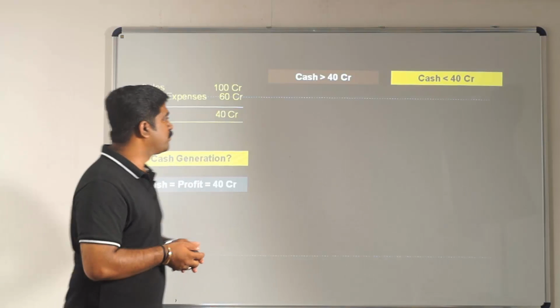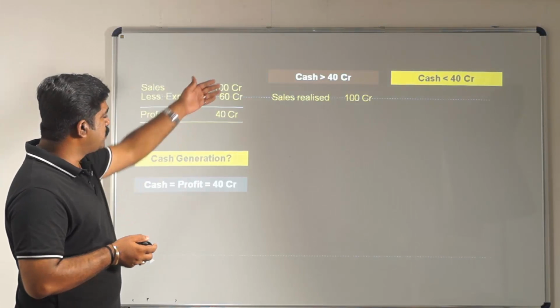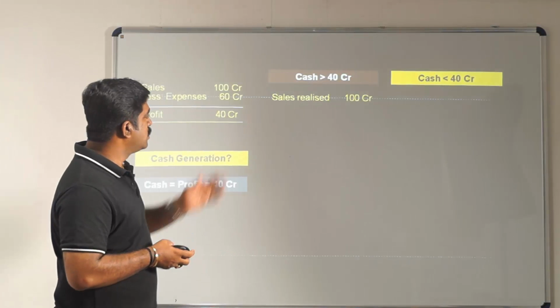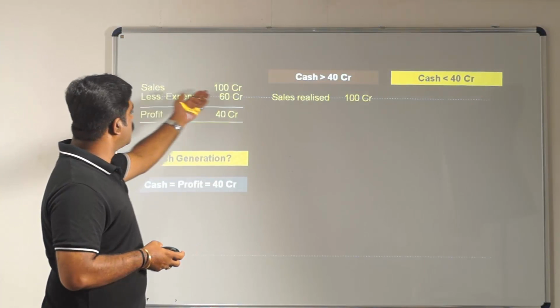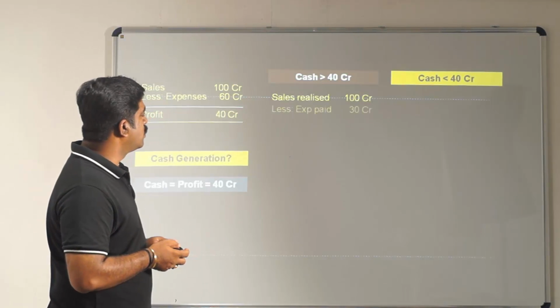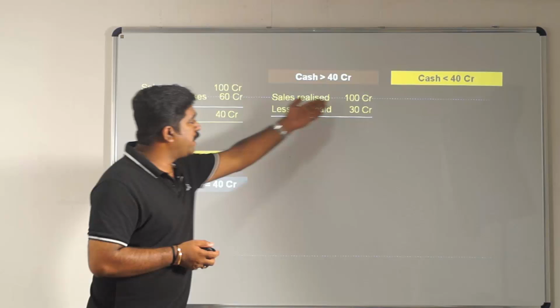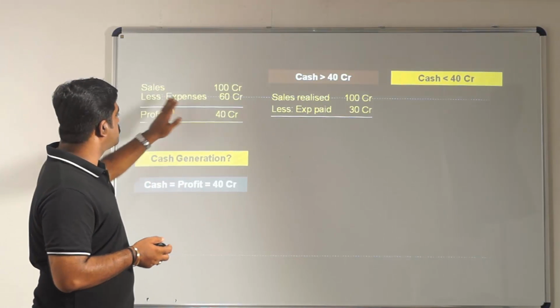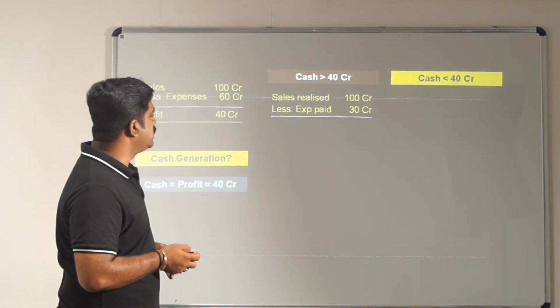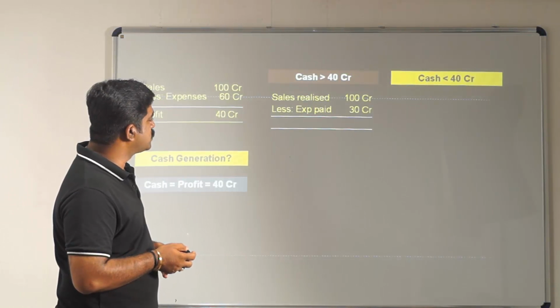Okay, let's see. I'm taking the scenario where cash can be greater than 40 crore. How? Sales made is 100 crore and I'm realizing the entire 100 crore, whereas expenses paid is only 30 crore. Expenses incurred is 60, but what is paid is only 30. So what is going to be the cash position?